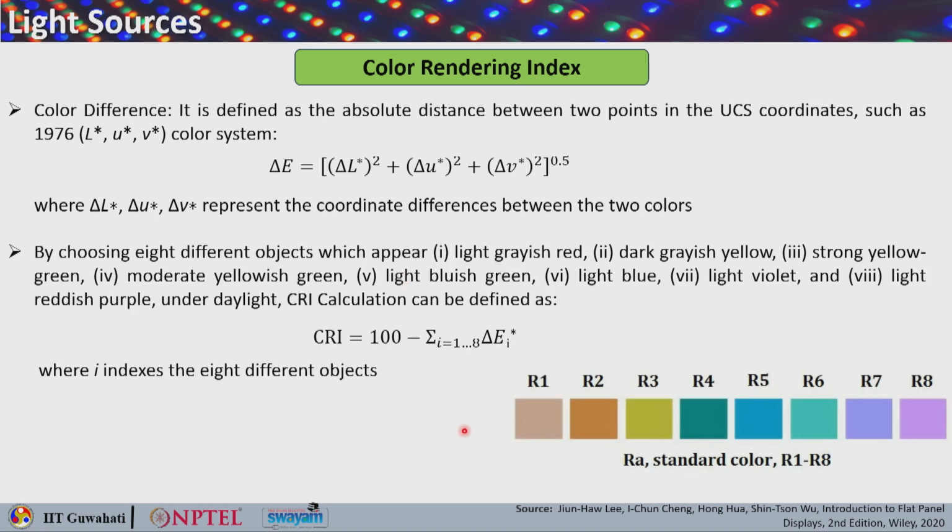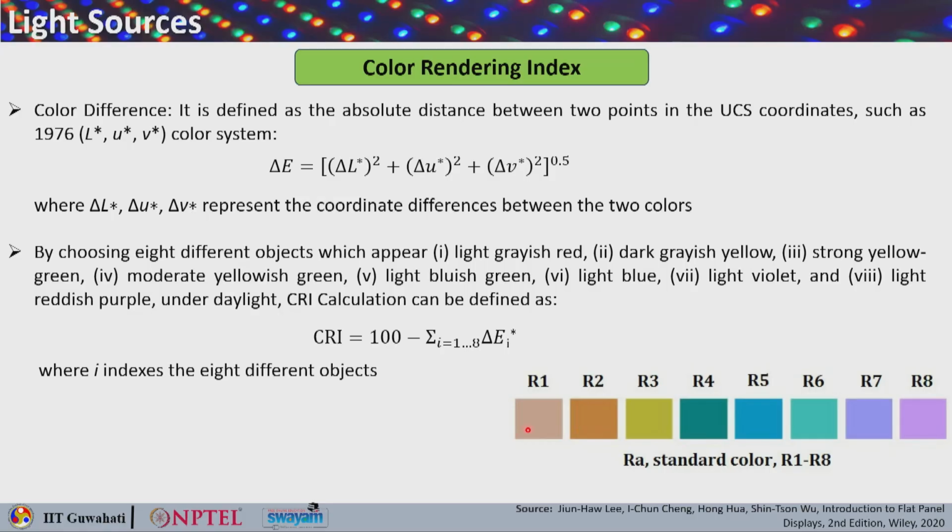Now, by choosing 8 different objects which appear slightly grayish red, dark grayish yellow, strong yellowish green, moderate yellowish green, light bluish green, light blue, light violet and light reddish purple under daylight, you can calculate the CRI for that source.